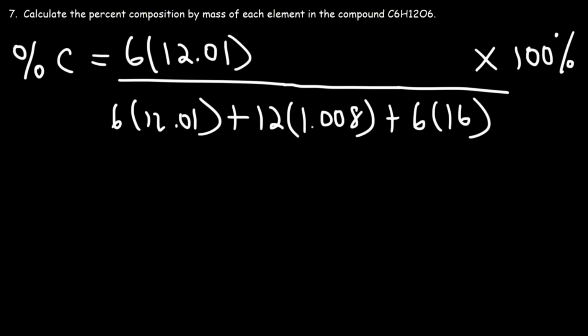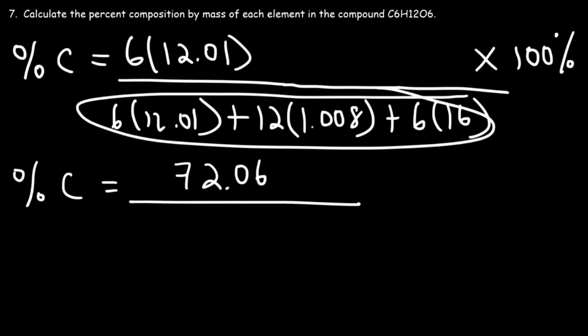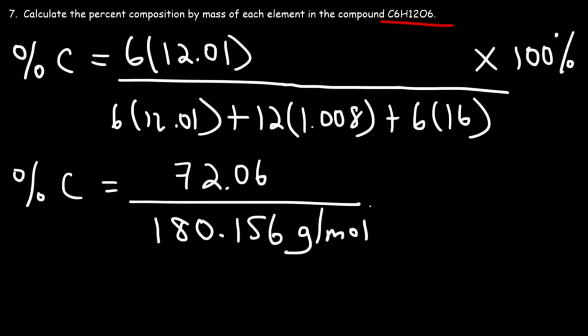So 6 times 12.01, that is 72.06. Now I'm going to type in this whole thing. And let's see what I'm going to get. So the molar mass for the entire compound, that is glucose or fructose, is 180.156. And the units, grams per mole, or you could say atomic mass units.